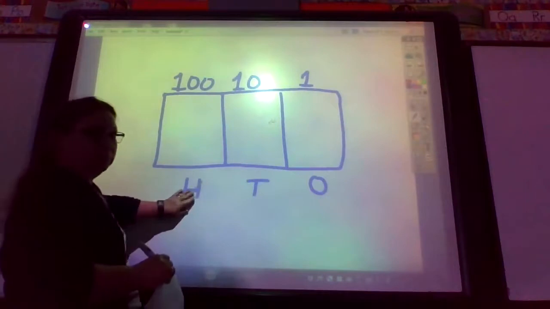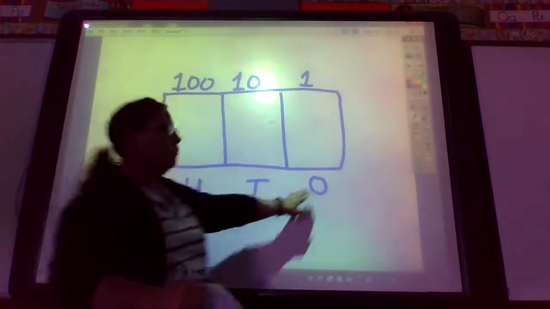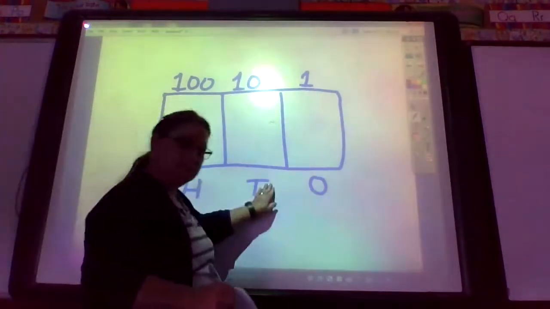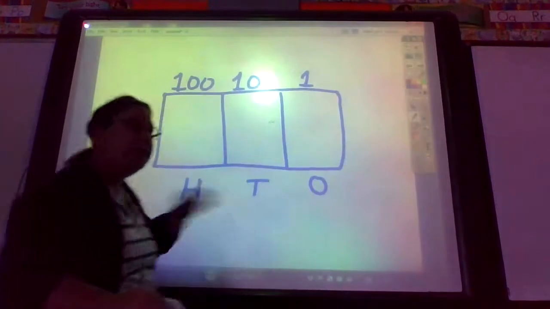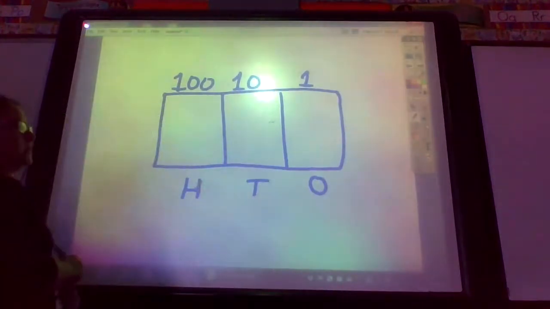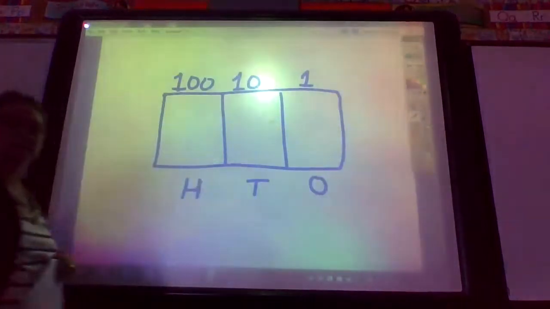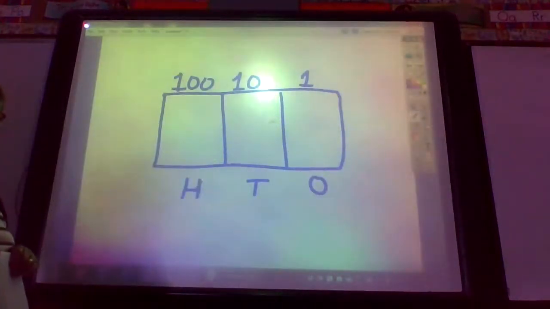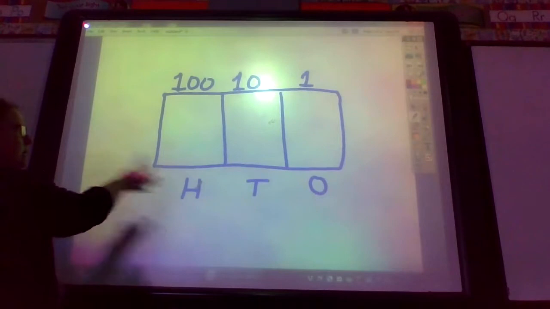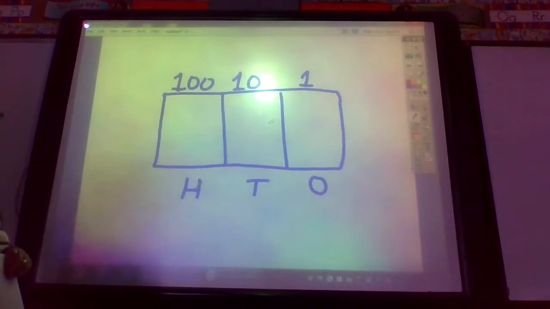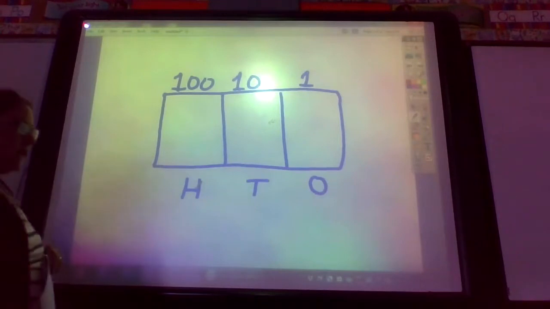Most of the time I will write it this way: ones, tens, hundreds. And you notice ones are always last. The ones place value is always last, no matter how far up we go.